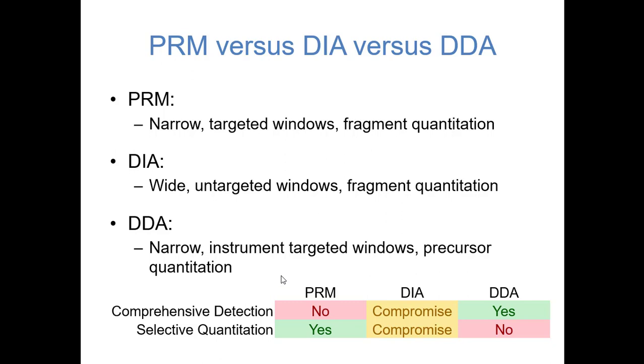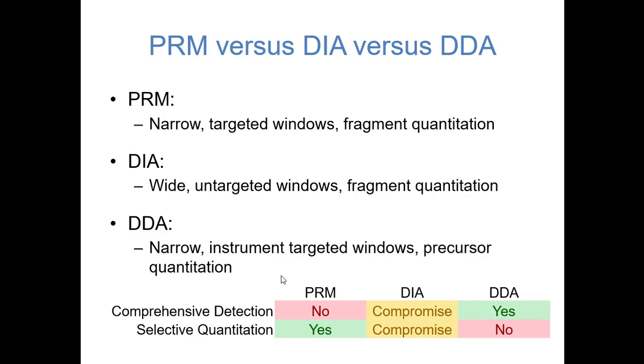With DIA, you're doing the same kind of thing, but you're using wide windows. DDA, on the other hand, acquires fragmentation spectra that are sort of like PRM. Again, they're narrow isolation windows, but instead of you targeting which peptides they're going to be, the instrument is going to target them.